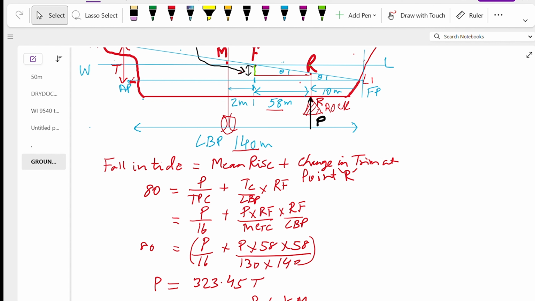So when you discharge weight, it's mean rise plus change due to trim. Mean rise is P upon TPC and change due to trim at location R will be in the same ratio as the total trim. So total change in the trim upon LBP, this is the main ratio. We just then multiply this with the distance from center of flotation of that point where we are finding the change. Here we are finding point R. So RF is the distance from center of rotation.